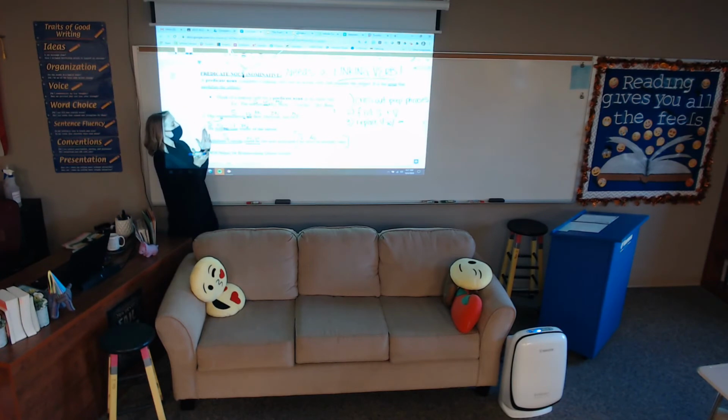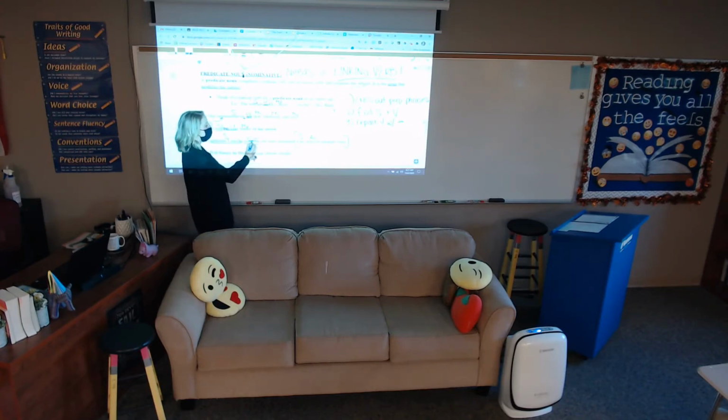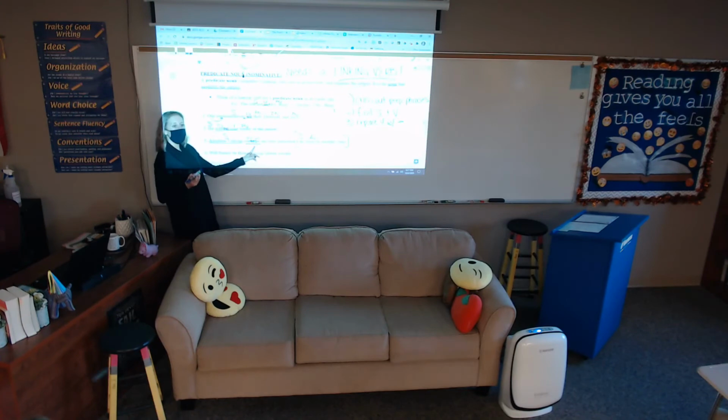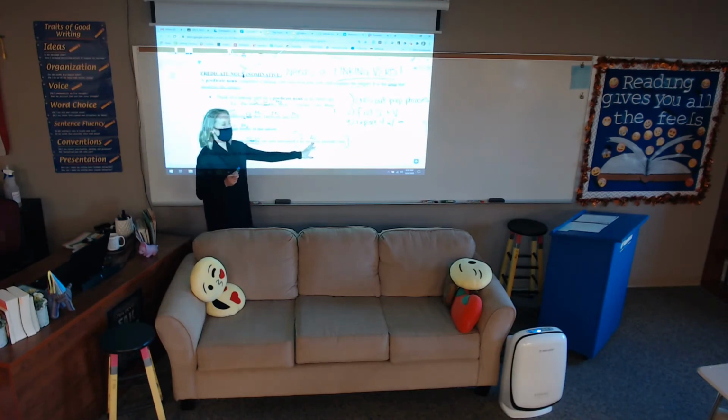Okay, now, whoa, Diana, you have a hard job. Okay, what do we do here to find our complement? Yes, we replace this set with an equal sign because we have a linking verb, right? Whenever we have a linking verb, we replace it with an equal sign. Okay, well, we have an action verb over here.